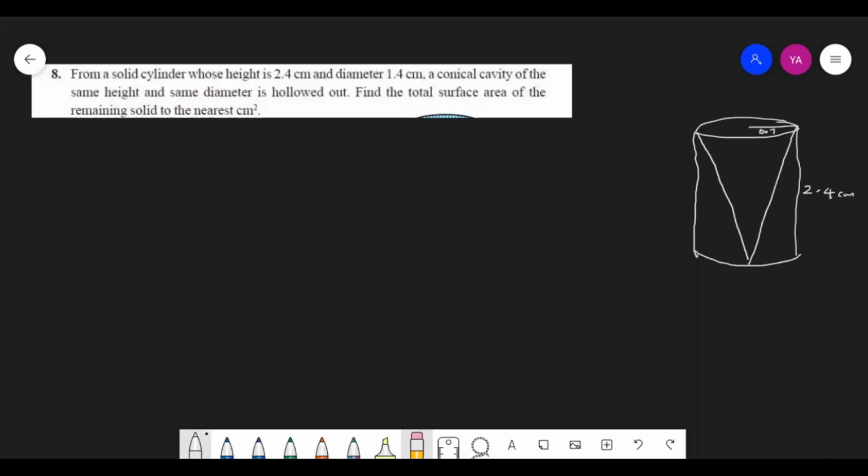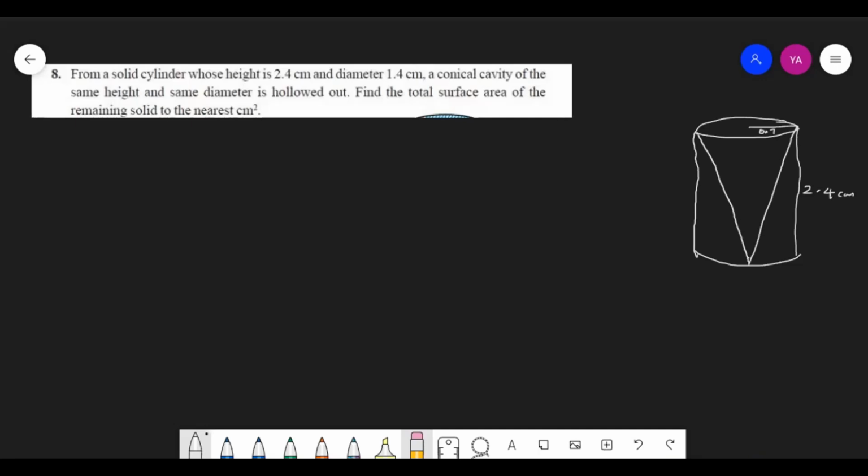Same diameter means the base diameter of the cone will be the same as the cylinder, 1.4, and the height of the cone is again the same as the cylinder, 2.4. So that means the top vertex of the cone will touch the base of the cylinder if we keep it like this. Okay, so this is the picture. That cone is taken out from the cylinder.